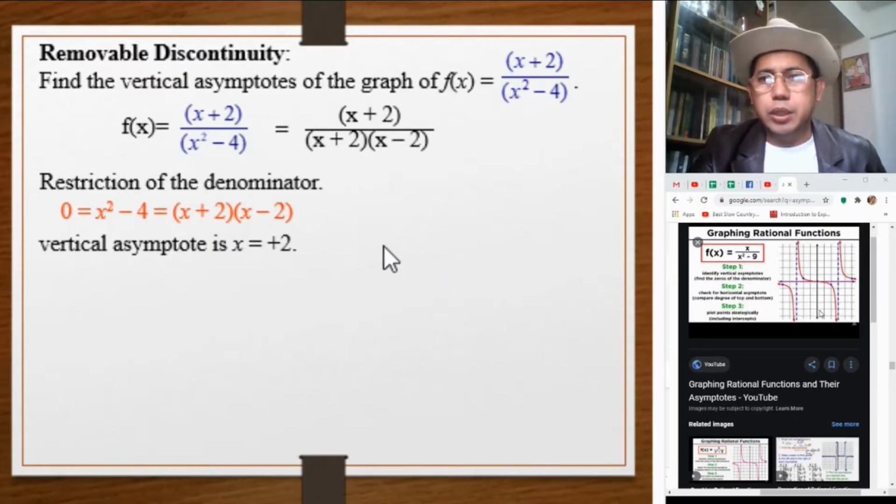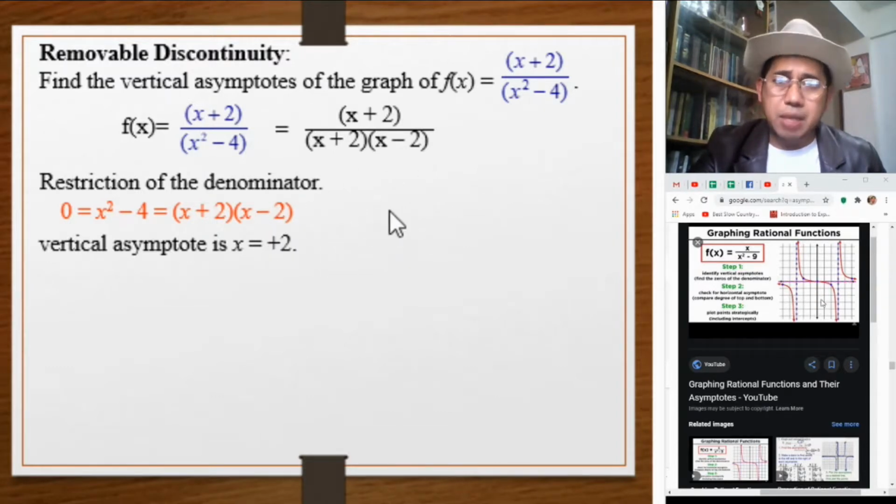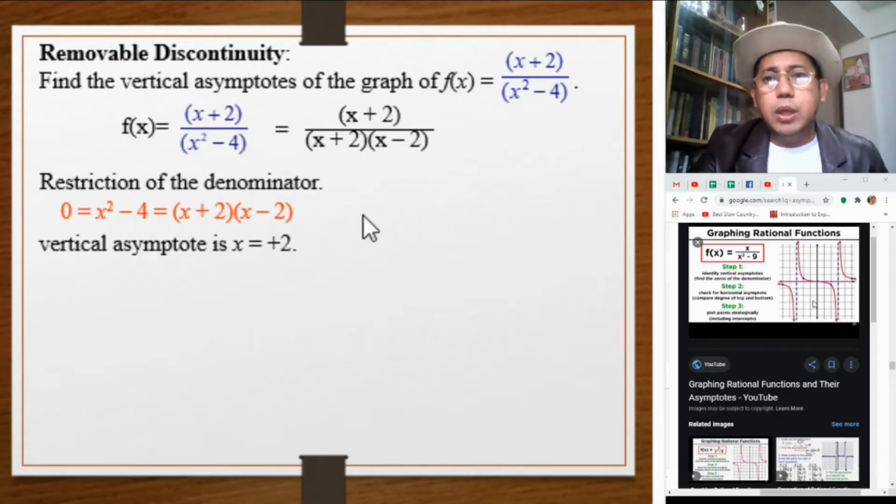Now, the question is, would that not be the vertical asymptote? No. The vertical asymptote is only positive 2. Would it not include the negative 2? No. Why? Because that negative 2 will be the location of the removable discontinuity.